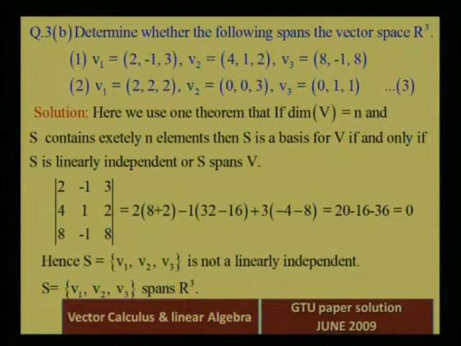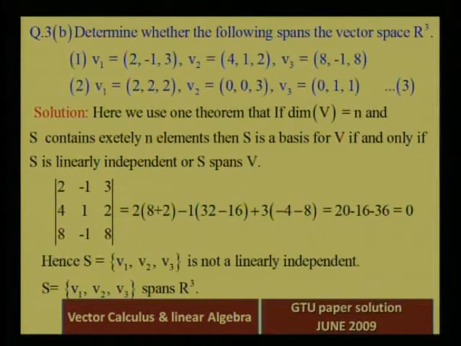If the dimension of the vector space and the set S contain exactly the same number of elements. So in that case, S is linearly independent and S spans V. These two statements are equivalent.